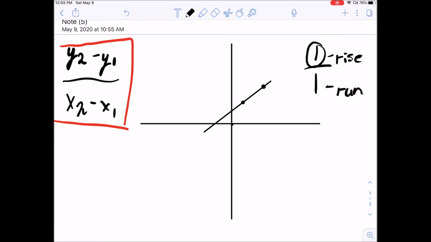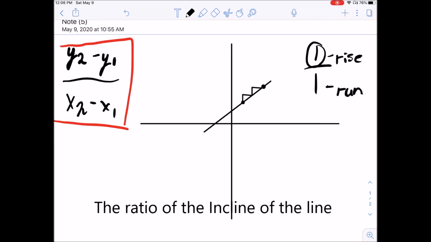That means it goes across the x-axis. Alright, so then if we have 1 over 1, we rise 1 and we go to the right 1. We rise 1, we go to the right 1. There we go. That's our slope. That's basically what it is. It's just the ratio between those 2 points. Okay?